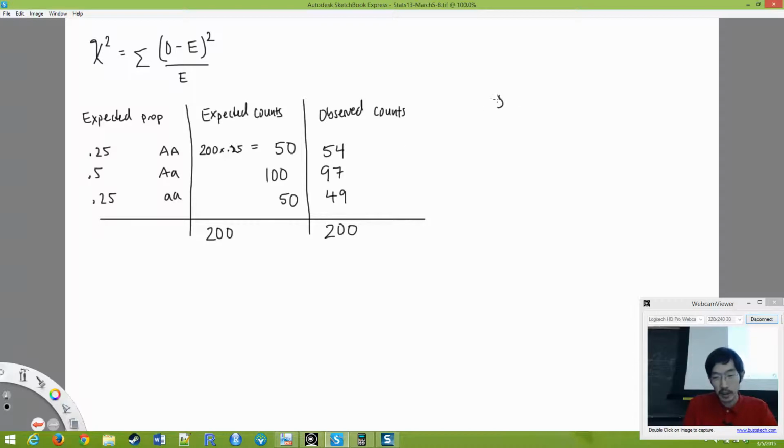So I just do 50 minus 54 squared over what I expected. Oh, so I did this actually wrong. Sorry. The observed was 54. It doesn't matter because you're squaring, but just so I'm meeting the proper equation form.